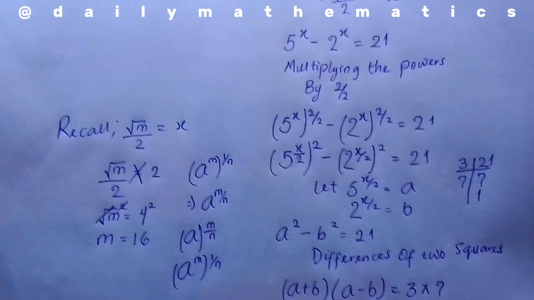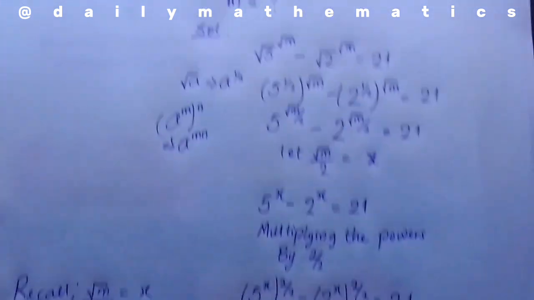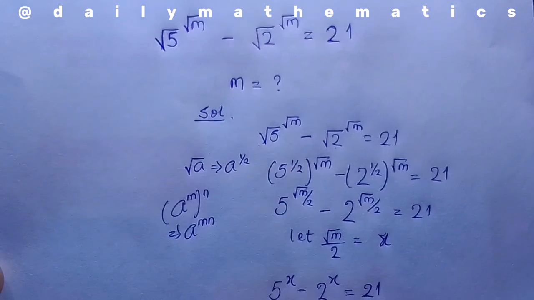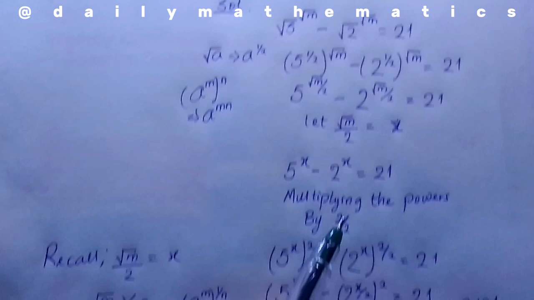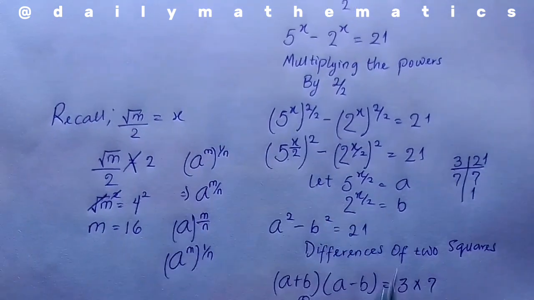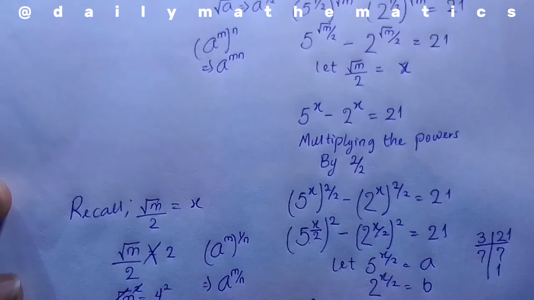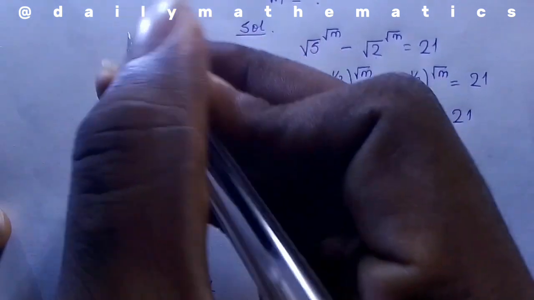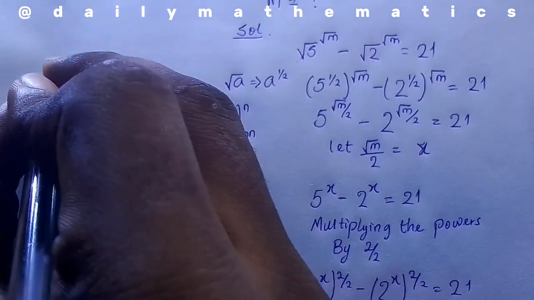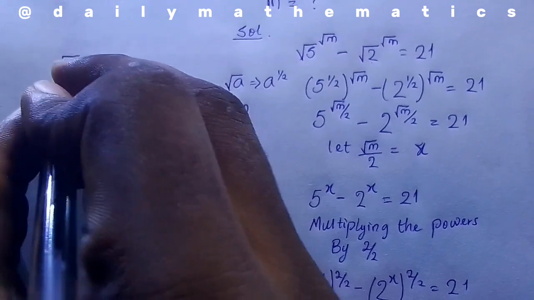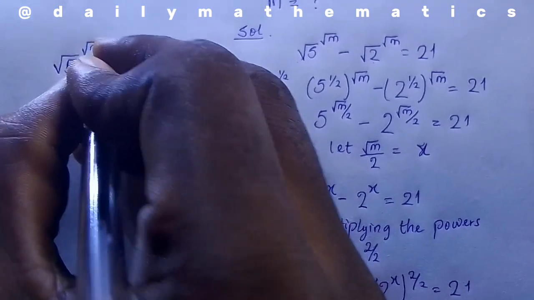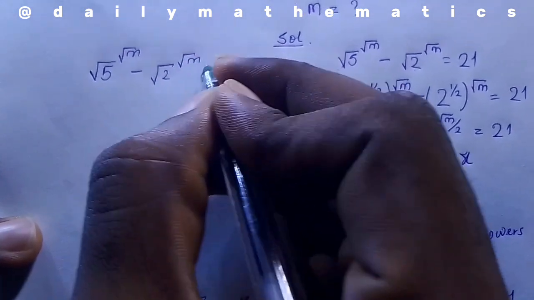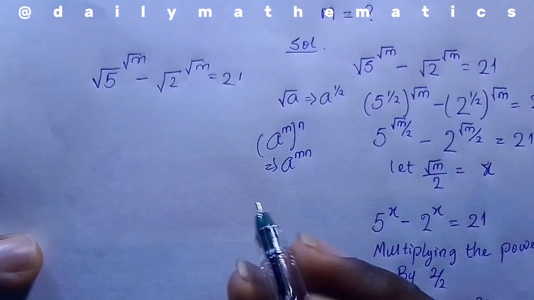And so now, for the last thing, we're going to check from the original equation. This was our original equation. Root 5 raised to the power of root m minus root 2 raised to the power of root m equals 21. Let's see if m equals 16 goes into the equation. So here, root 5 raised to the power of root m minus root 2 raised to the power of root m equals 21, right?